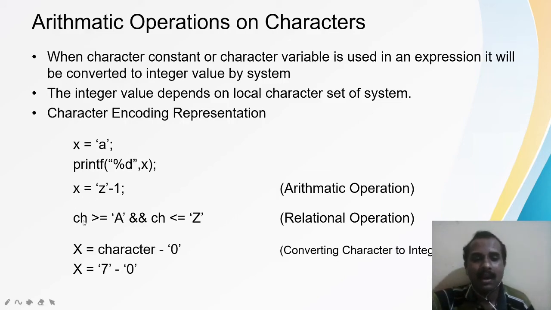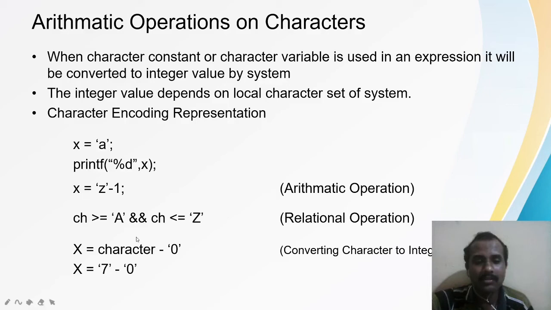Again, character constants can also be used in relational operations. For example, here you are checking whether the character you enter is between capital A and capital Z, that is, capital alphabets from A to Z.